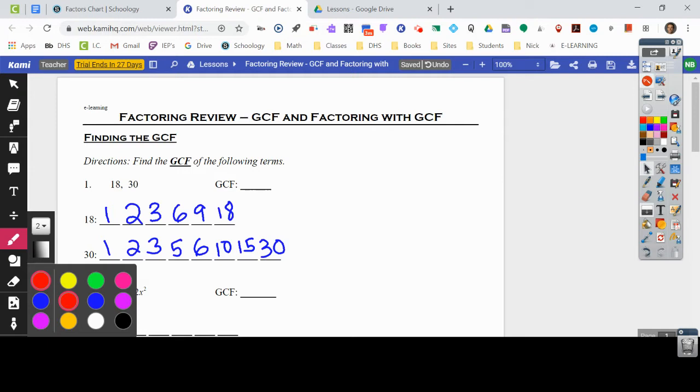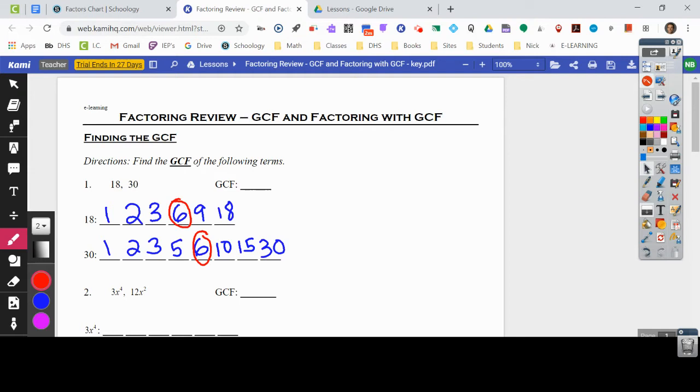We find the greatest number in common. I see 2, 3, 5, and a couple of 6s. It looks like 6 is my greatest common factor, so I'm going to circle it and put it up here in our line. The number 6 is the greatest common factor of 18 and 30.